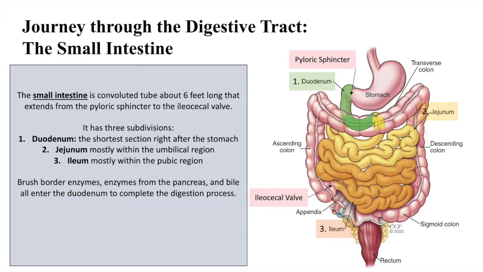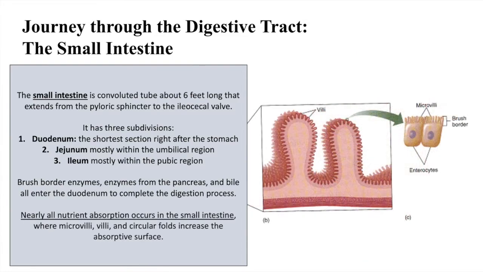Brush border enzymes, enzymes from the pancreas, and bile all enter the duodenum to complete the digestion process. Nearly all nutrient absorption occurs in the small intestine, where microvilli, villi, and circular folds increase the absorptive surface.